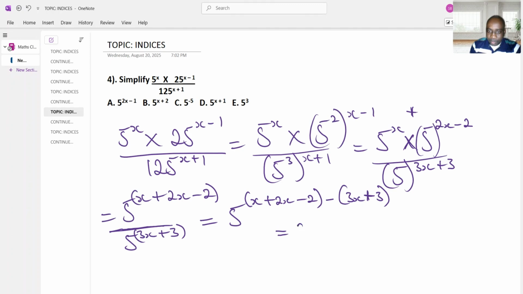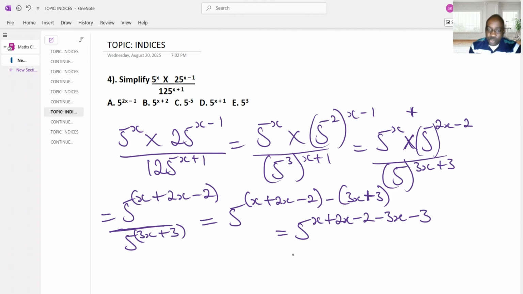Therefore, we have x plus 2x minus 2 minus 3x, minus times plus 3 is going to change its sign from plus to minus.